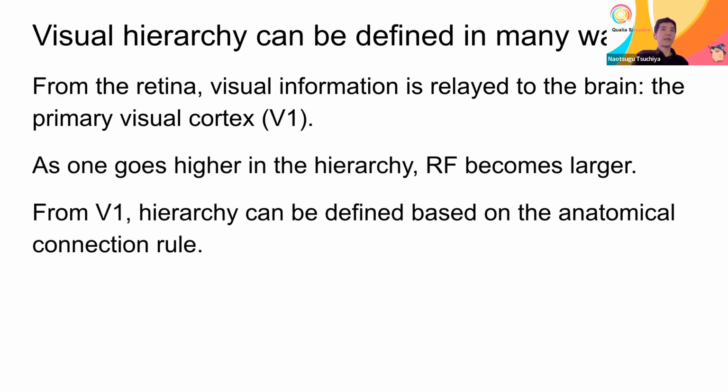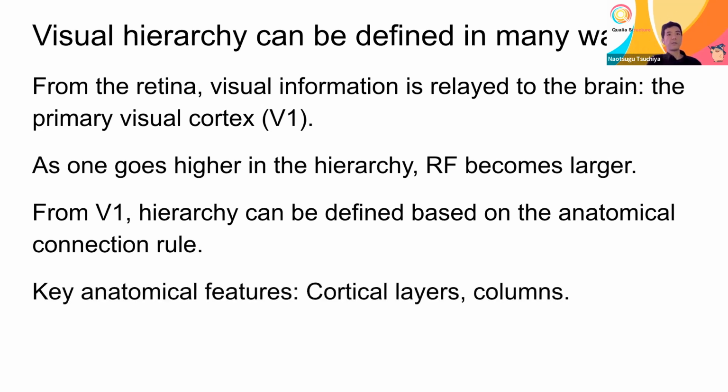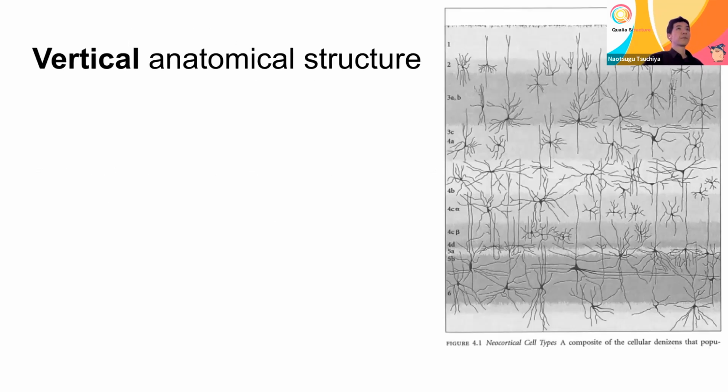And from V1, hierarchy can be defined based on anatomical connection rules. The key anatomical features are cortical layers and also columns, which I'm going to explain. The first component of this anatomical structure related to hierarchy is the vertical hierarchy within each area. The right-side figure shows the structure of the neural tissue in each of the different cortical areas.